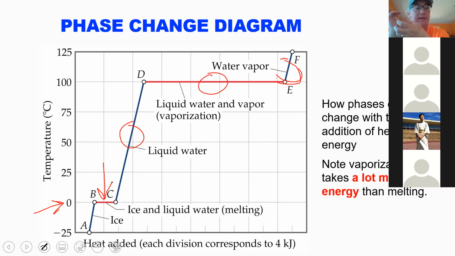But what it's not doing is changing the temperature, because you know that if you've had a glass of ice water, it's 0 degrees. If you fill a glass with ice, then put a little bit of water in it and check the temperature, it's going to be 0. You come back to it half an hour later and half the ice has melted, what's the temperature going to be?